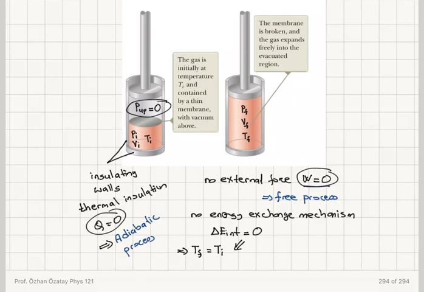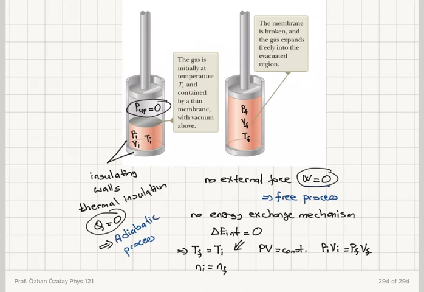And that will imply, by using the ideal gas law, that pressure times volume will be a constant, so you will have P initial V initial equal to P final V final. Why is that? Because the temperature is not changing and the number of moles of gas inside the cylinder is not changing. I'm not removing gas or adding any gas to this system.